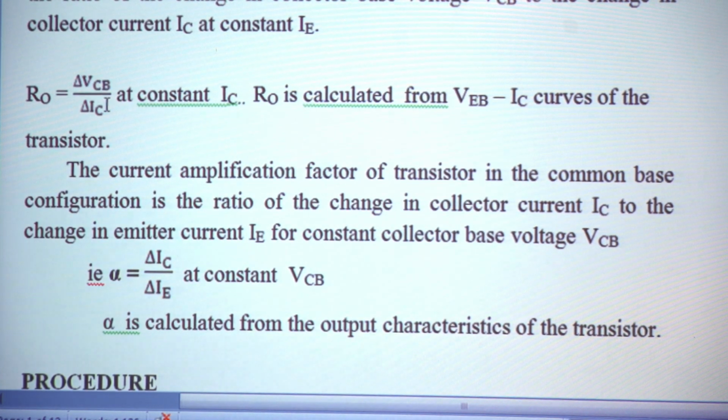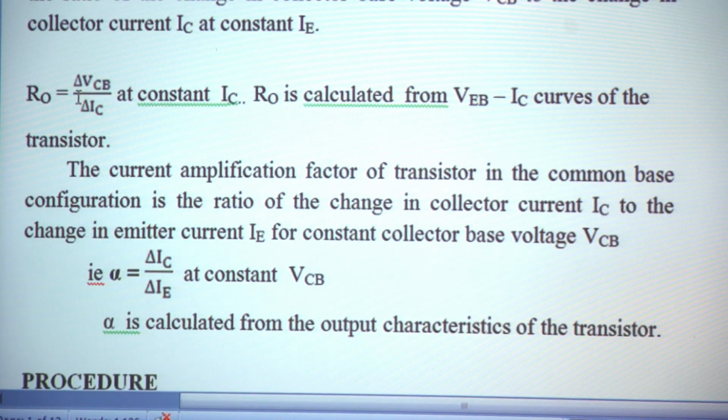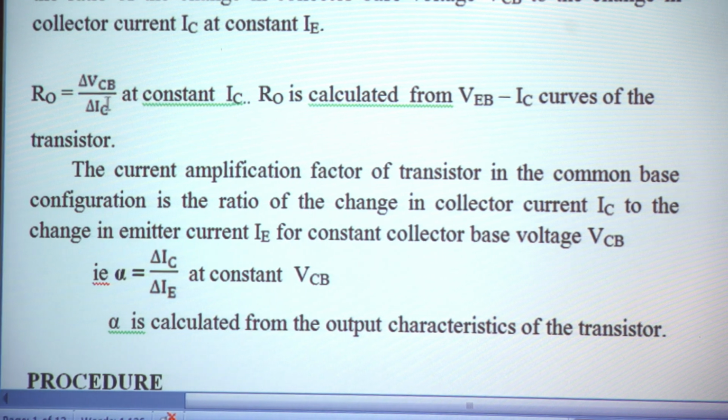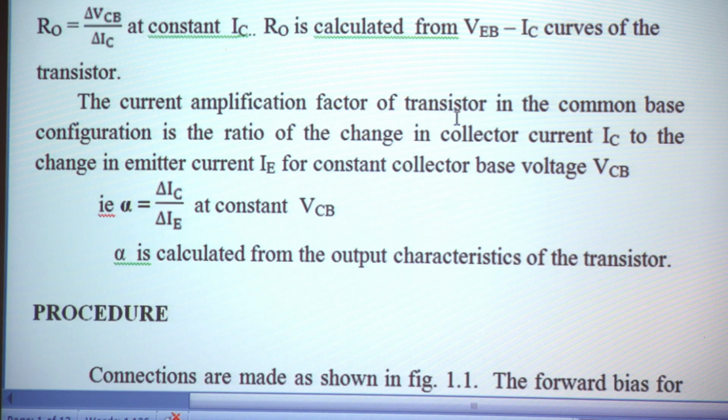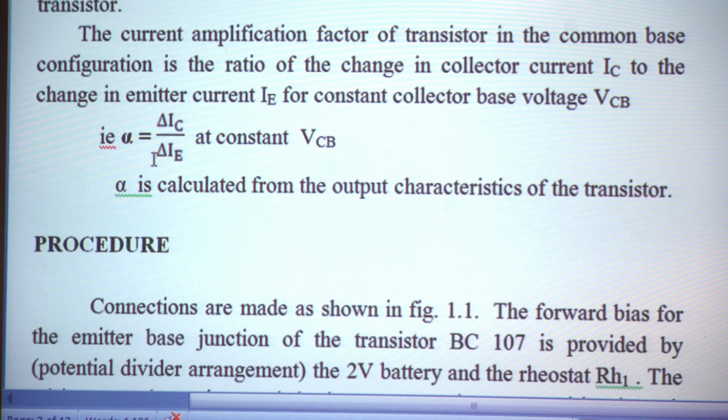It is the ratio of the change in collector base voltage to the change in collector current at constant emitter current, and that is calculated from the output characteristics. And the current amplification factor alpha is defined as the ratio of change in collector current, delta IC, to the change in emitter current, delta IE, that is delta IC by delta IE at constant value of collector base voltage.